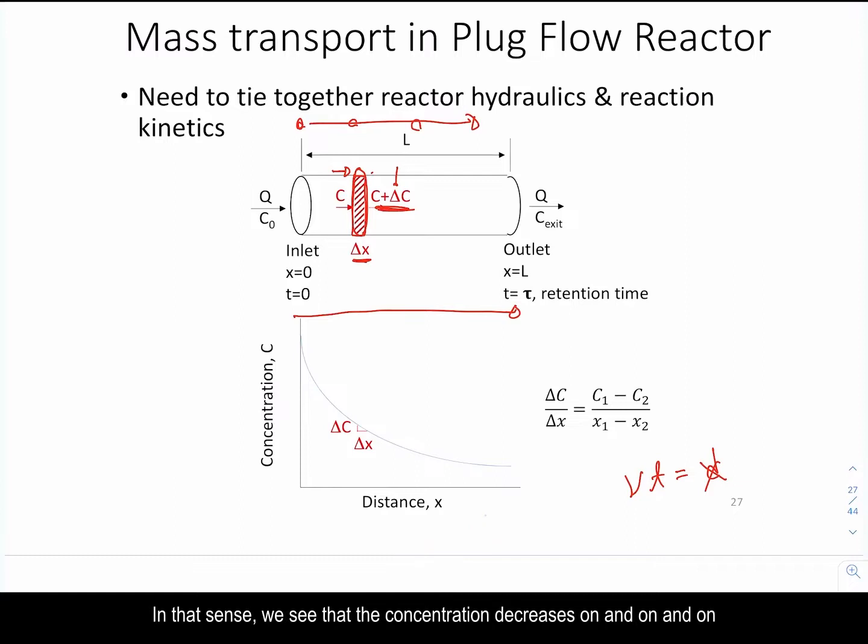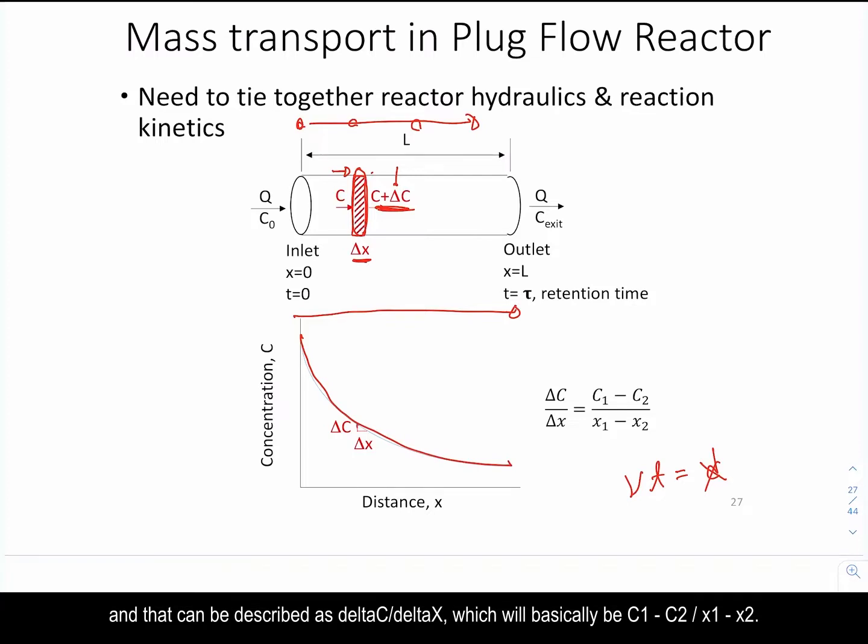So in that sense, we see that the concentration decreases on and on and on, and that can be described as this delta C over delta X, which will basically be C1 minus C2 over X1 minus X2.